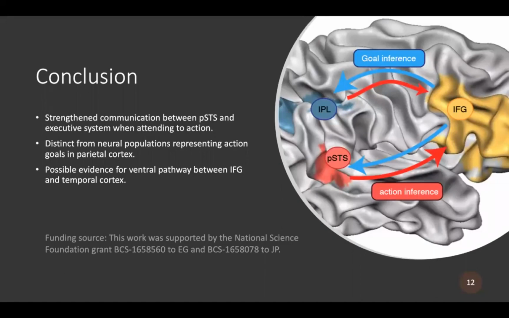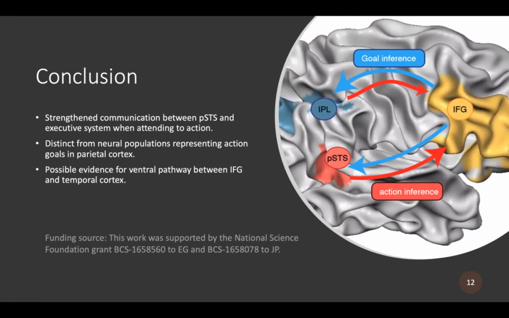So in summary, we found that communication between PSTS and IFG is strengthened in the frontoparietal executive system when subjects attend to action rather than goal. Also, by comparing both univariate results and connectivity results, we found that the modulated connectivity is distinct from neural populations representing action goals in parietal cortex.